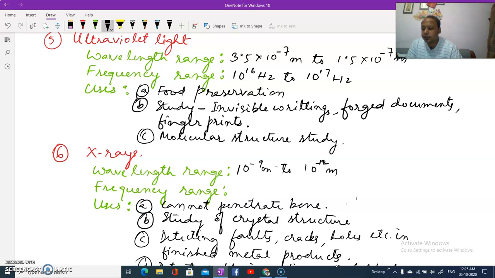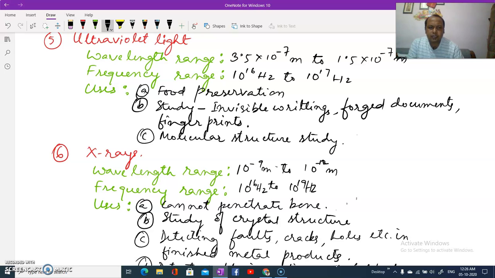And the frequency range is 10 raised to the power 16 to 10 raised to the power 19 hertz. So you can see that there is a little bit of overlapping between X-rays and ultraviolet rays.